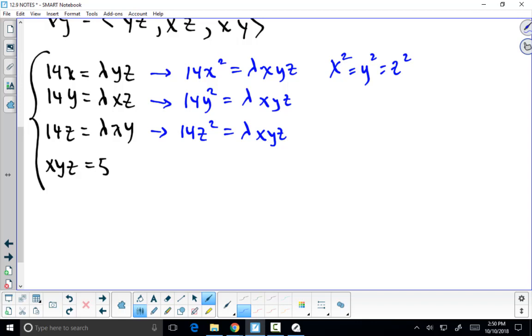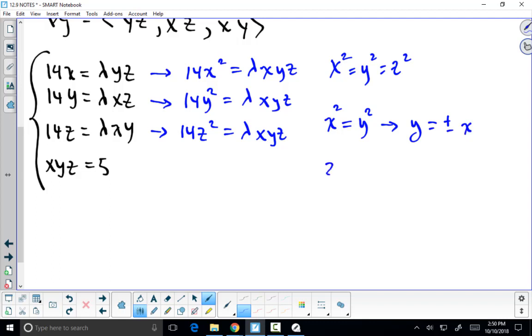So now we would have to figure out options here. If we want to rewrite this equation down here where we have all x's or all y's or all z's, let's write y as a function of x and z as a function of x. So here we have x squared equals y squared. If we solve for y, we get y equals plus or minus x.